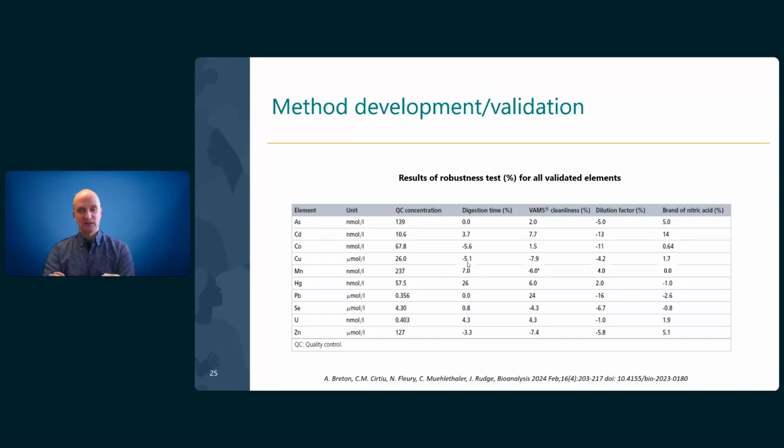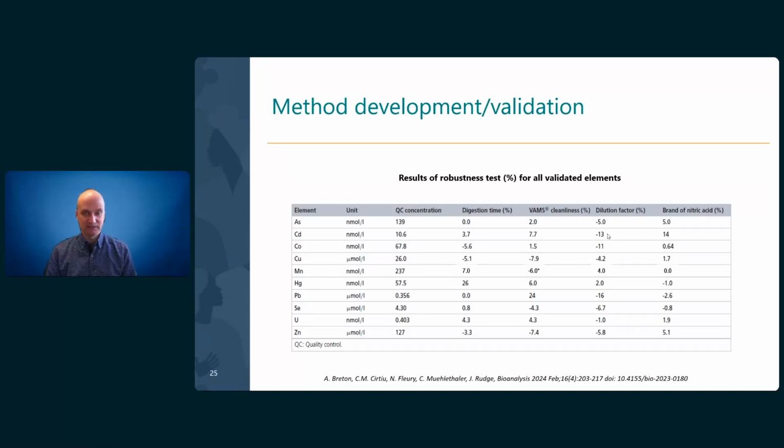This test allows us to assess the impact of slight variations in different experimental parameters, like digestion time, cleanliness of the VAMS devices, dilution factor, or brand of nitric acid. For most of them, it works very well. The acceptable range is 10%. We can notice that in some cases, like for cadmium, the dilution factor might have an important impact. So this might affect the results.